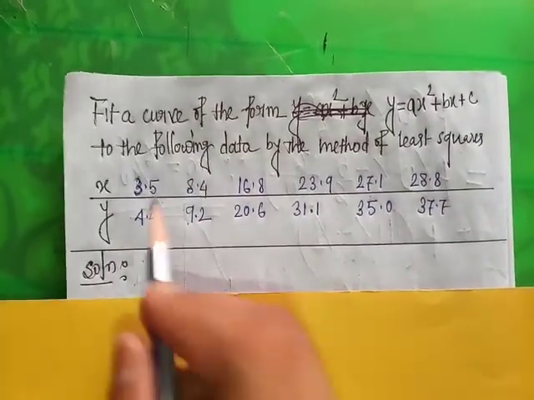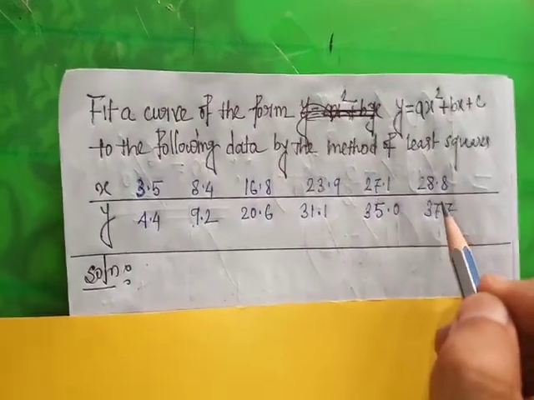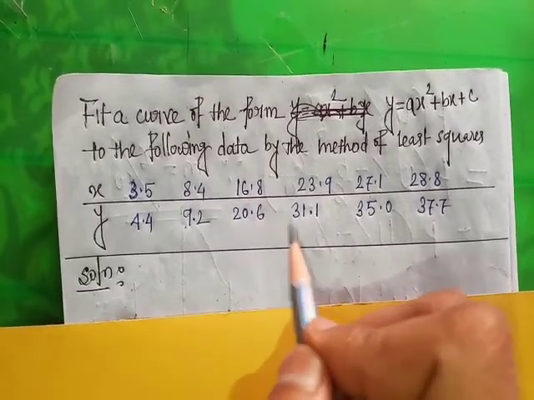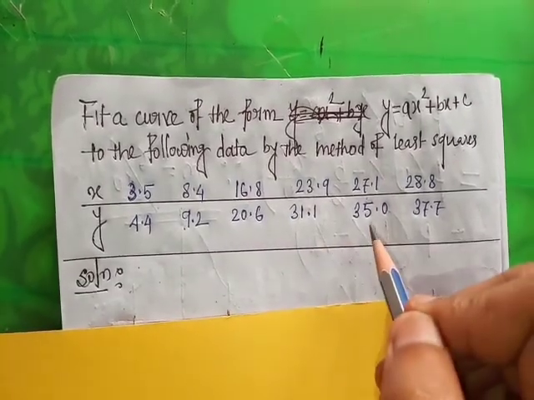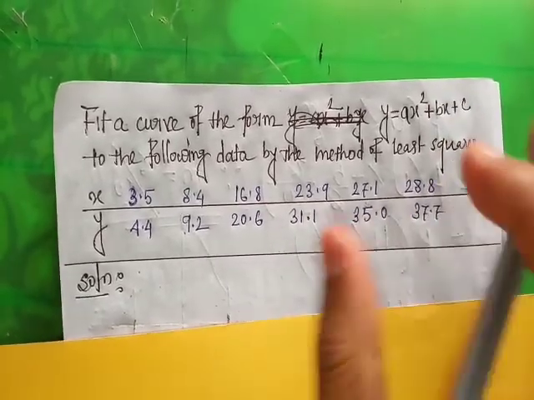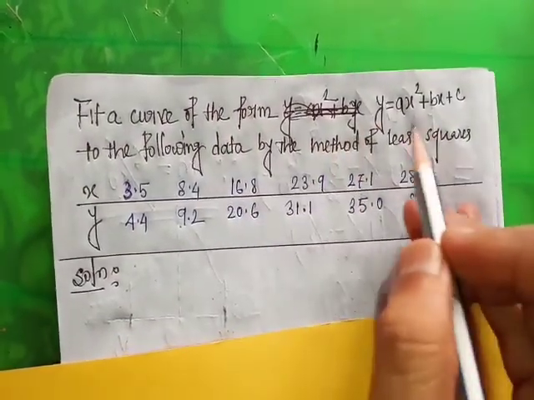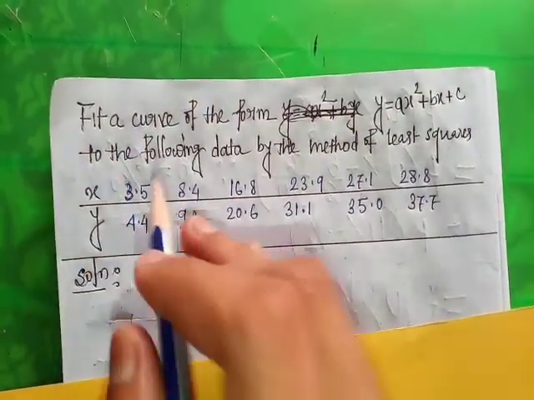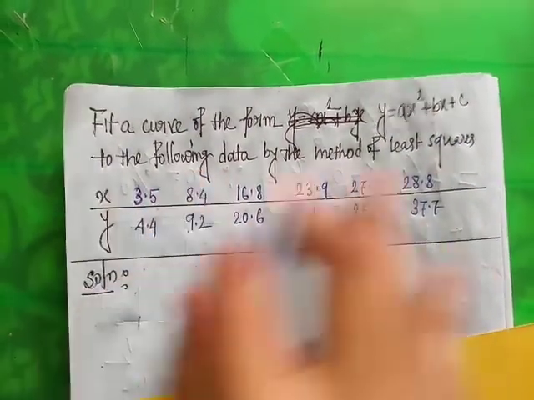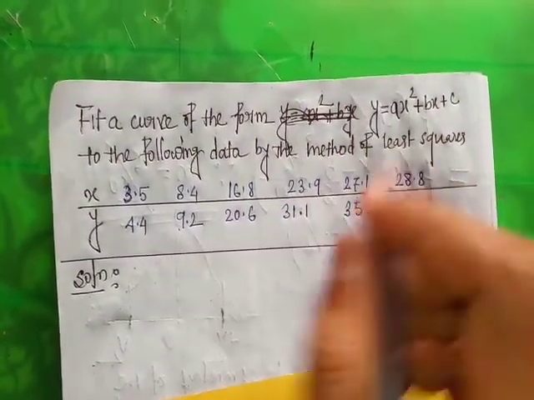Here x is 3.5, 8.4, 16.8, 23.9, 27.1, 28.8, and y is 4.4, 9.2, 20.6, 31.1, 35.0, 37.5, 37.7. The number of data points is 6.